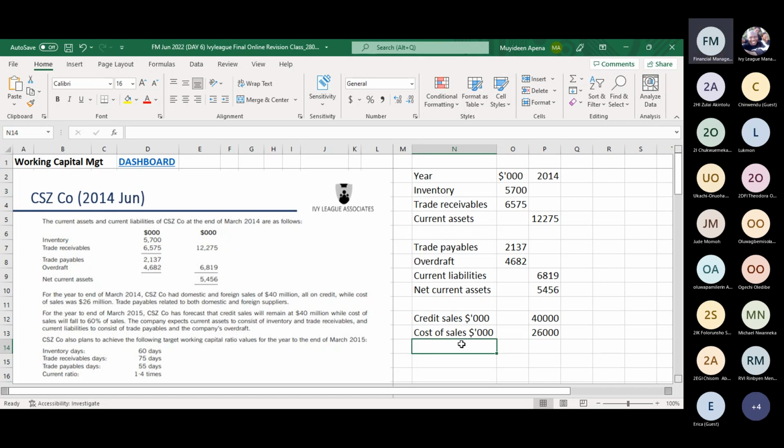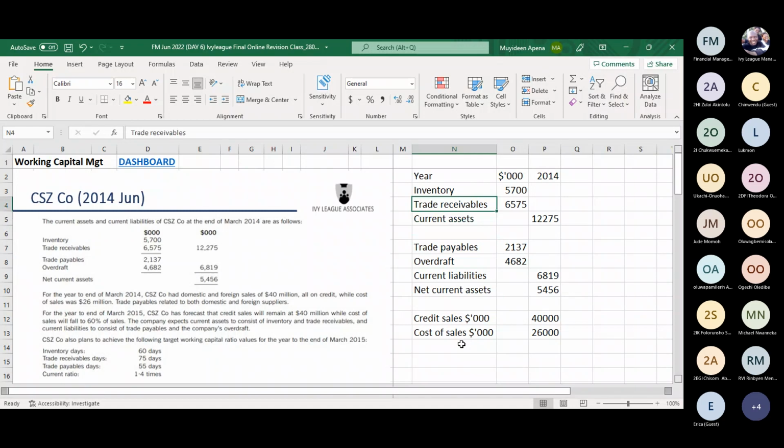Trade payables related to both domestic and foreign suppliers. Okay, that's noted. Now for the year to end of March 2015, CSECO has forecast that credit sales will remain at 40 million.